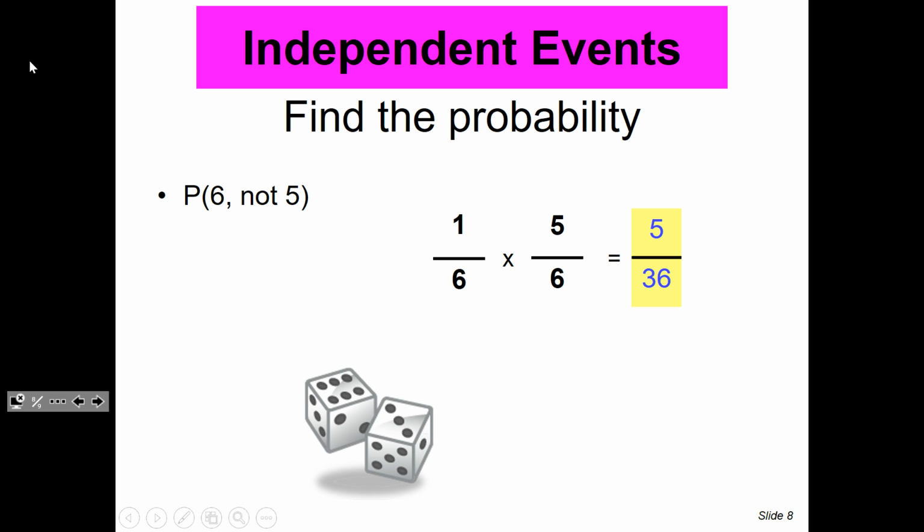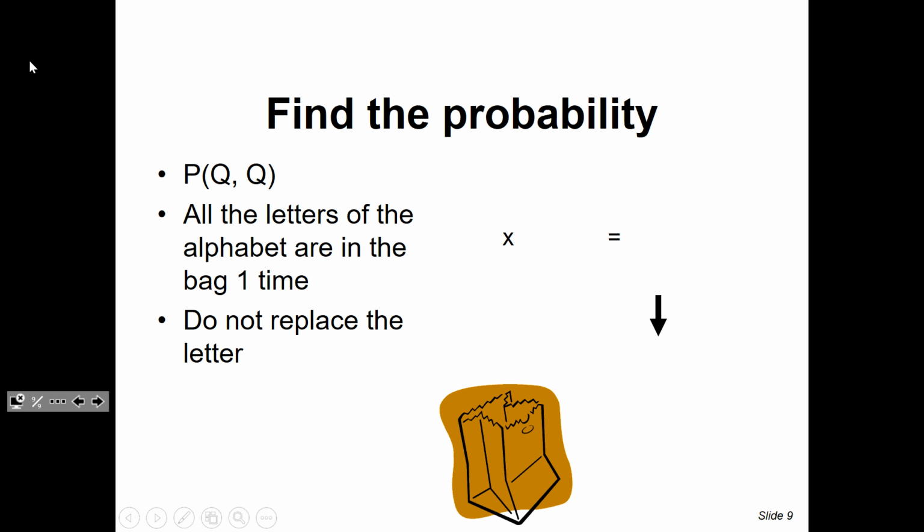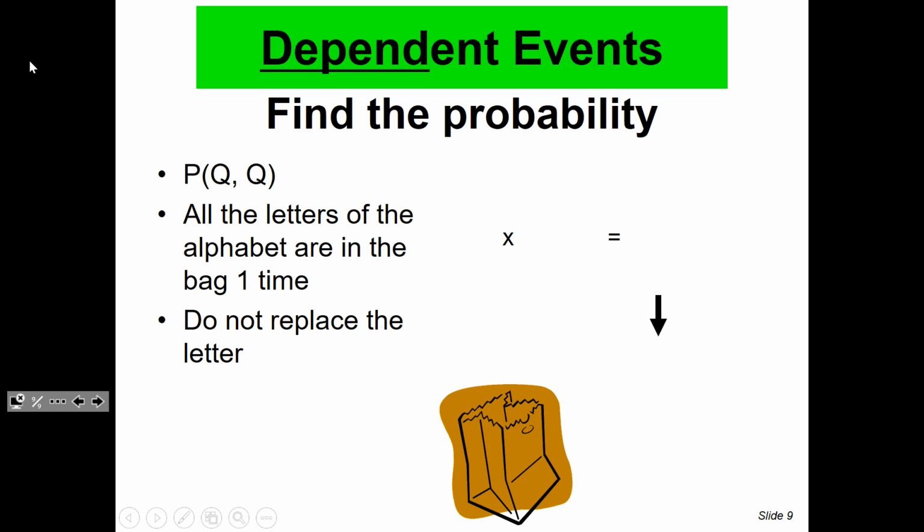Good. All right, and then our last one here, picking Q and picking Q again, but do not replace the letter. Independent or dependent? Dependent. Good. All right, so how many letters are there in the alphabet? 26. And how many Q's are there in the alphabet? 1. So 1 out of 26. Okay, it says we took out the Q and we didn't replace it. So now how many are there in the bag? 25.